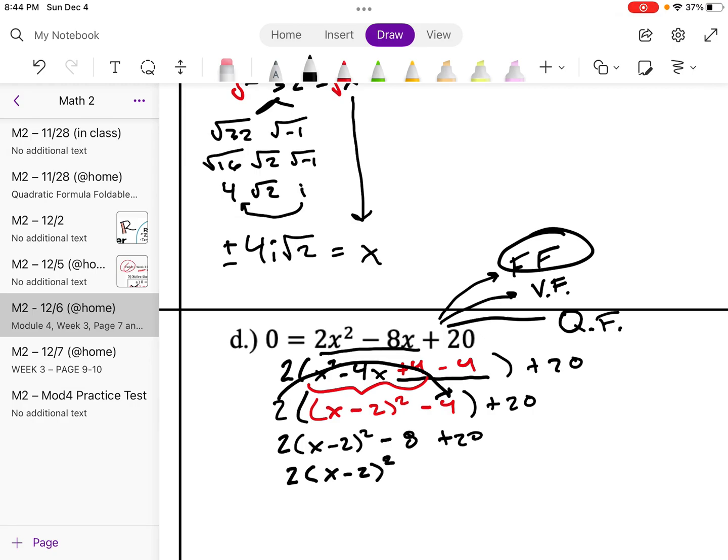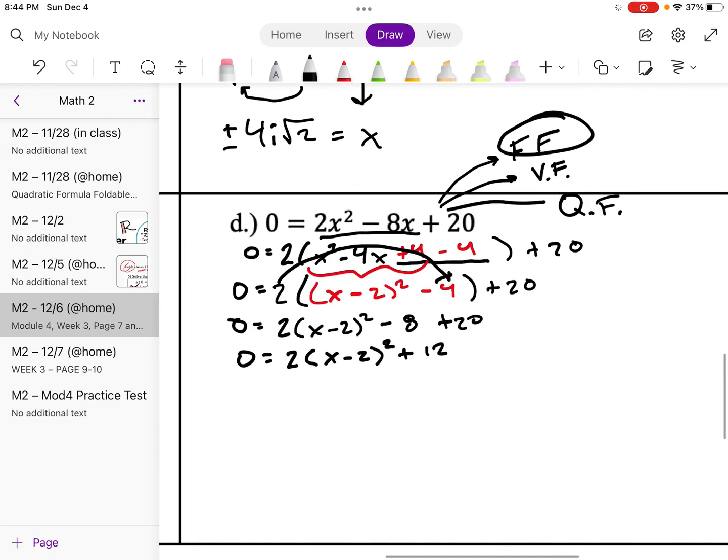Now I've got, remember, this is all equal to 0.